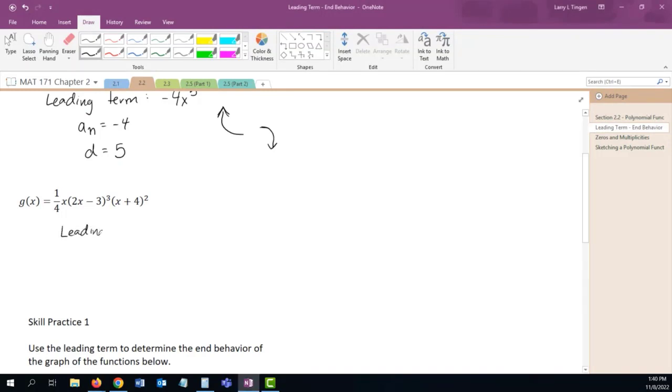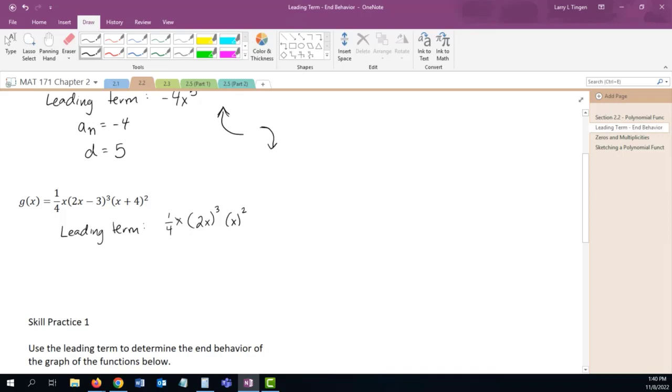Leading term. Okay, so what is it going to be? Well, it's going to be 1/4 times x times the leading term of 2x minus 3 cubed, which is 2x cubed. The leading term of x plus 4 squared is going to be x squared. Is everybody okay with that?